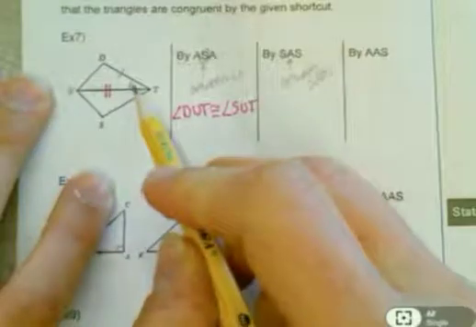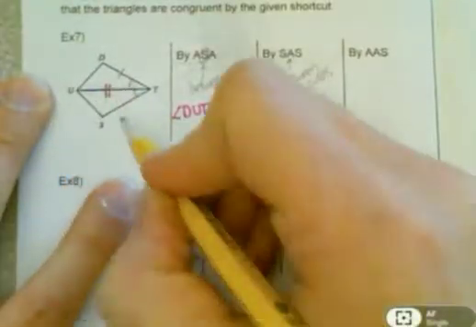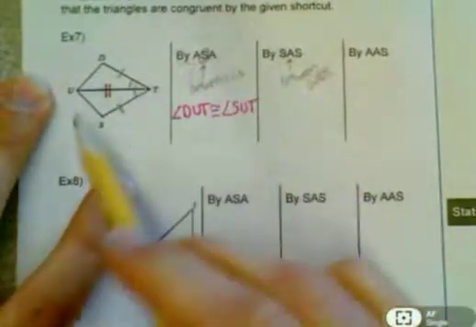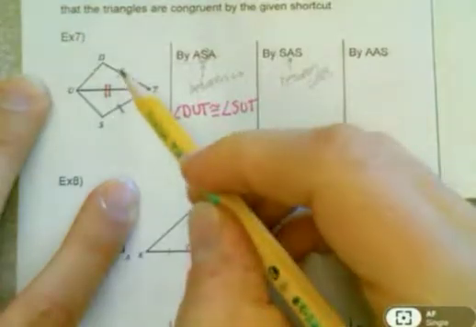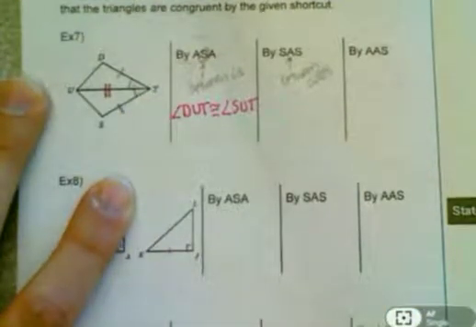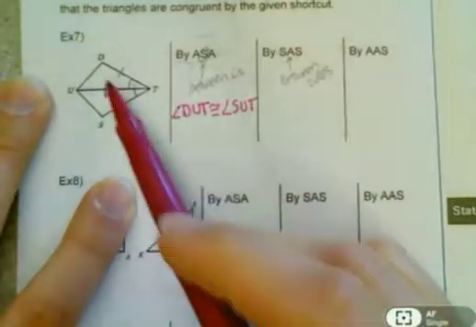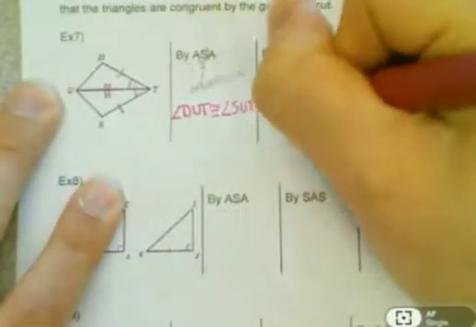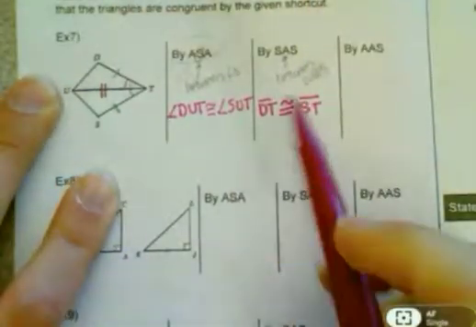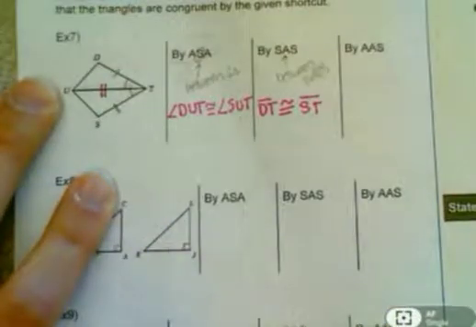If I'm going to use side angle side, this is what my picture would need to look like. Side angle side. And so the information needed would be that side DT is congruent to side ST. If I knew that, then these triangles would be congruent by side angle side.